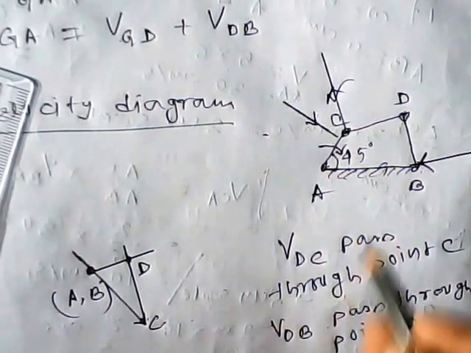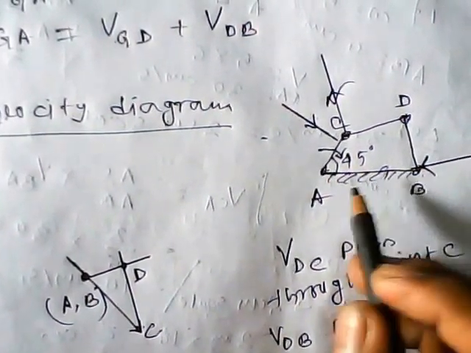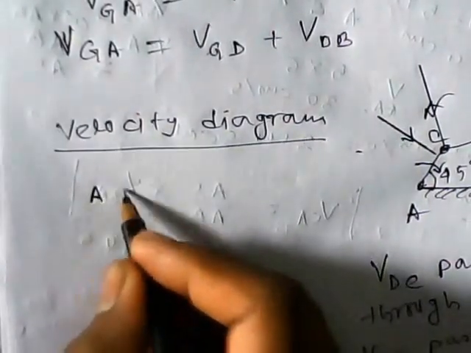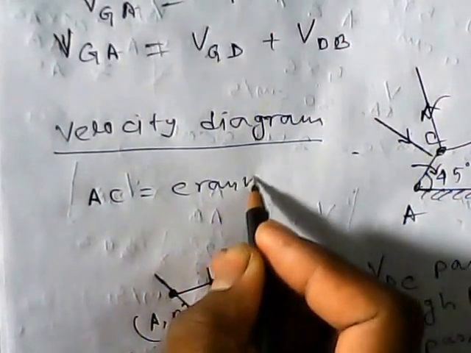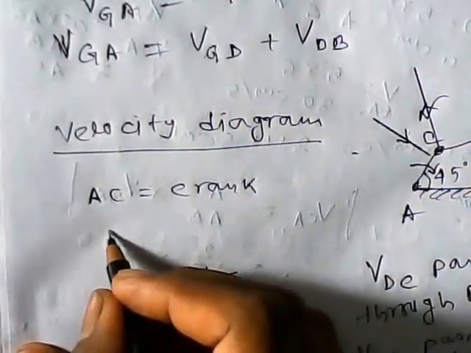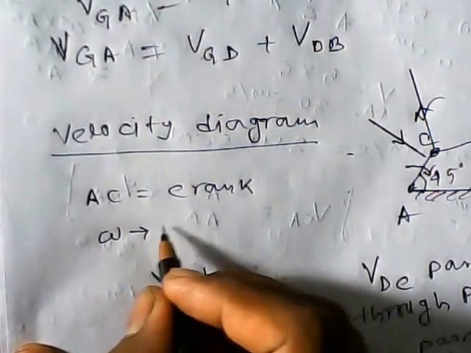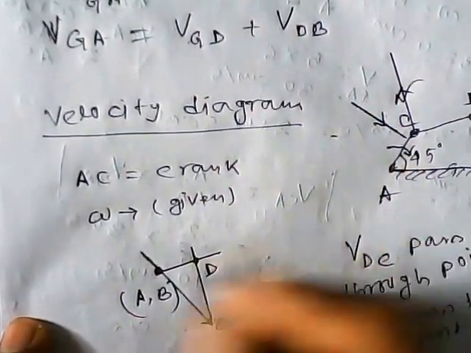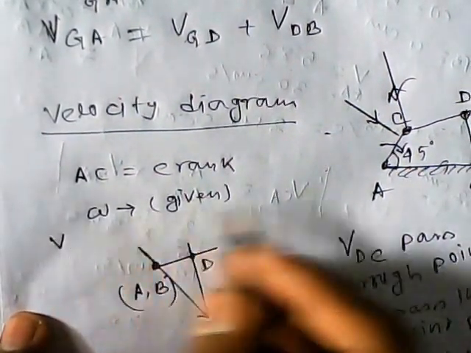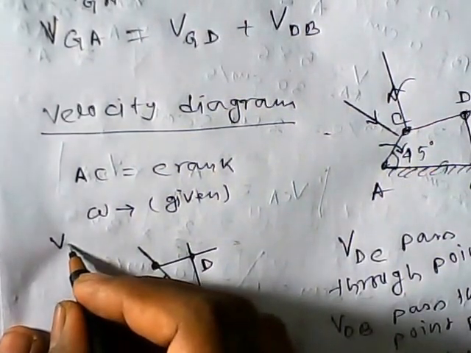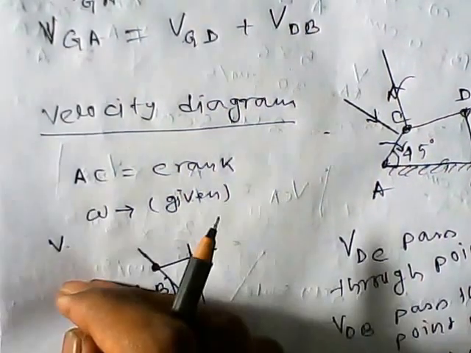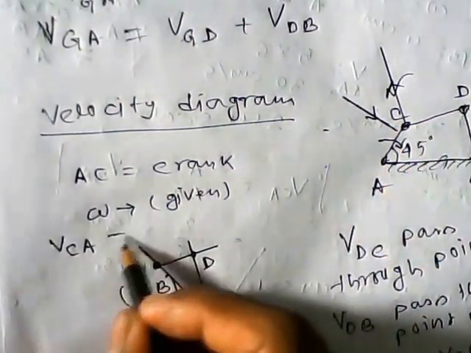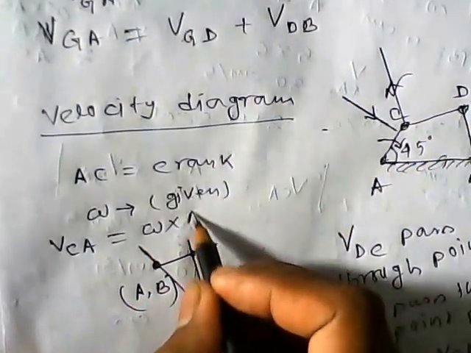Now here AC is the crank and the angular velocity of the crank is given, and we know the velocity equals omega into distance AC.